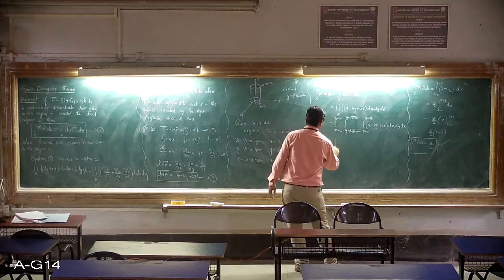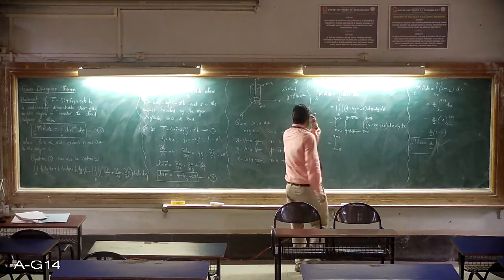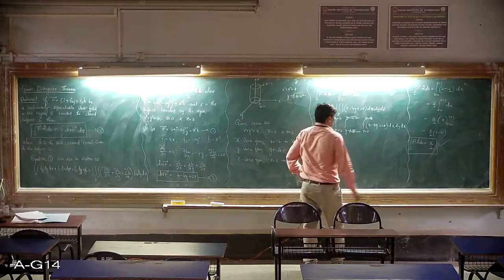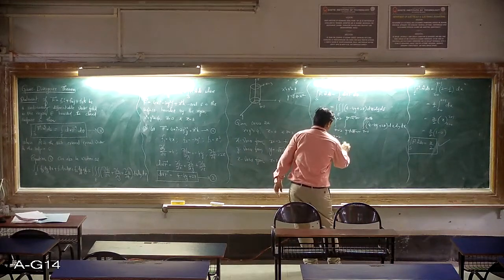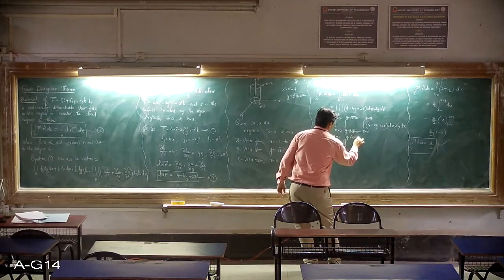So now, one by one integration. With respect to z, if you integrate, this is y from minus square root of 4 minus x square to plus square root of 4 minus x square.